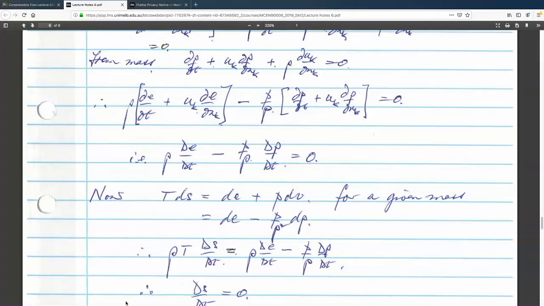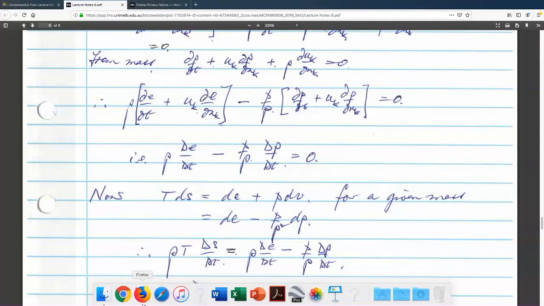At very high frequencies, it'll break down. And you can work out what is the number that you need in order for it to break down. It'll depend on the frequency. The higher the frequency, the shorter the wavelength. And so you won't be able to use S equal to constant so accurately. But at very long wavelengths, you can.